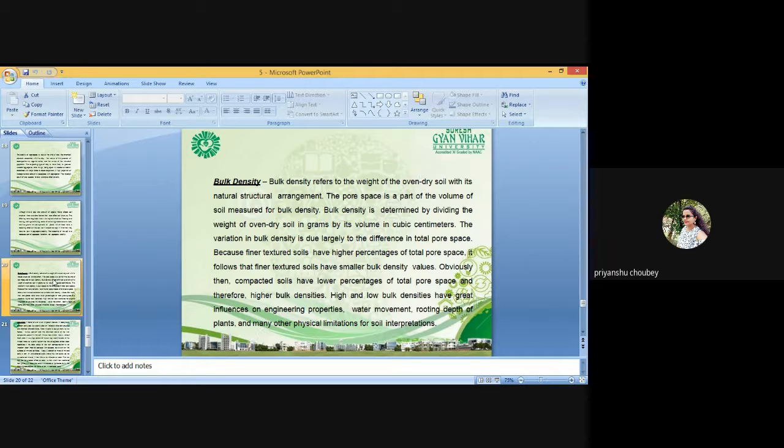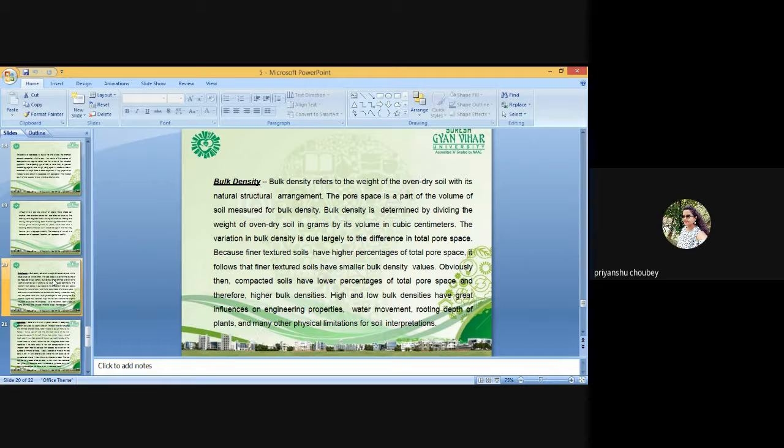It is an important criterion of soil aeration and is related to the degree of saturation of soil as Fa equals F into (1 minus S).